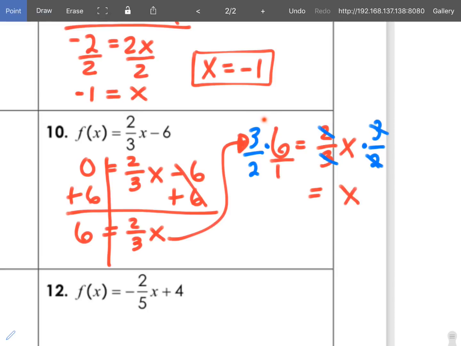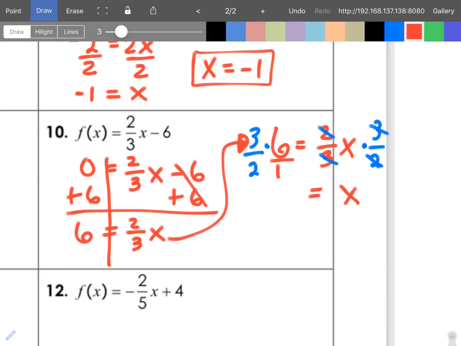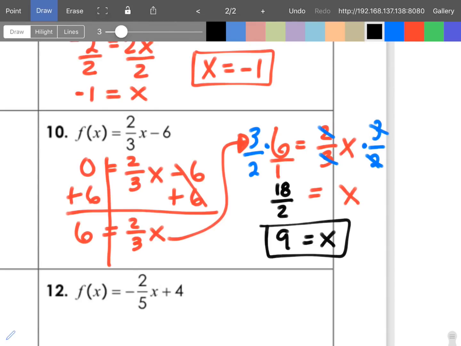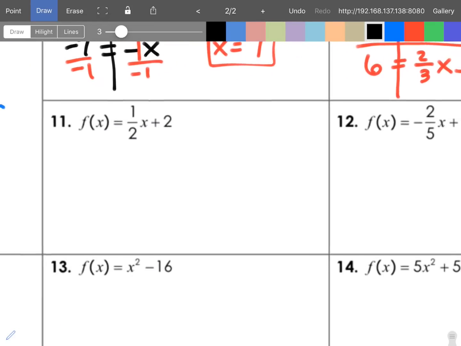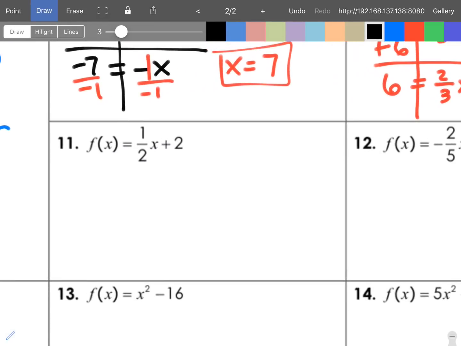So here we have 3 times 6, so that's 18, and then over 2 times 1, which is 2. So it's going to be 18 over 2, which is 9. 18 divided by 2 is 9, so x equals 9, or 9 equals x. Okay, just 2 more, and then we're gonna do a couple on Desmos.